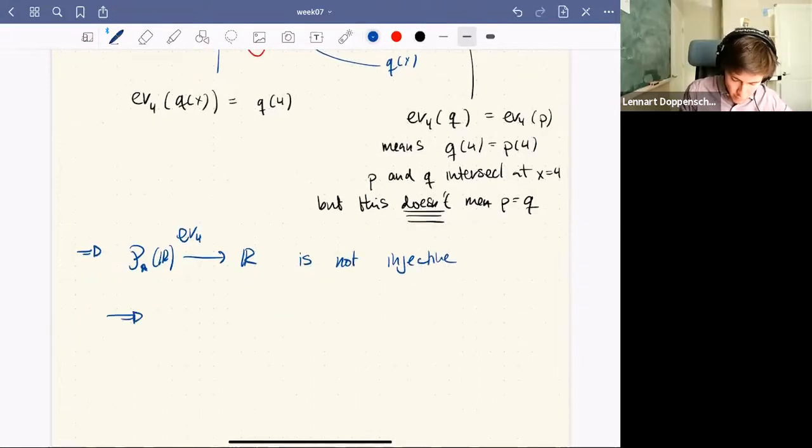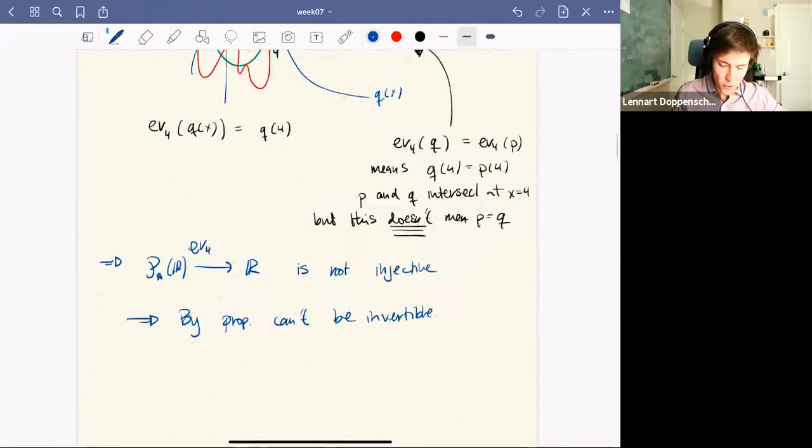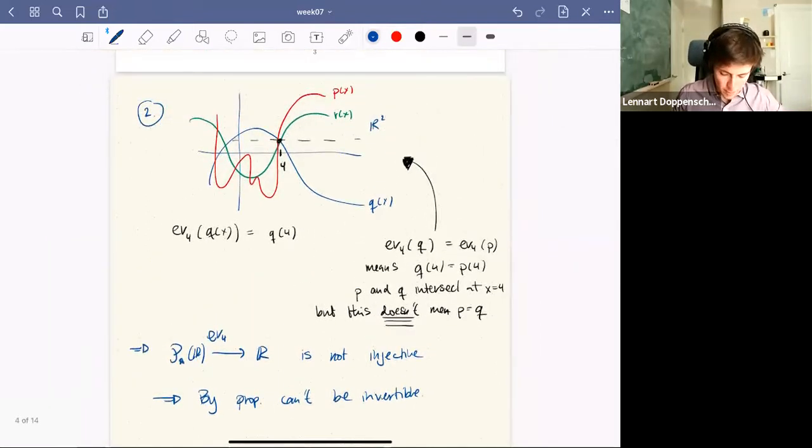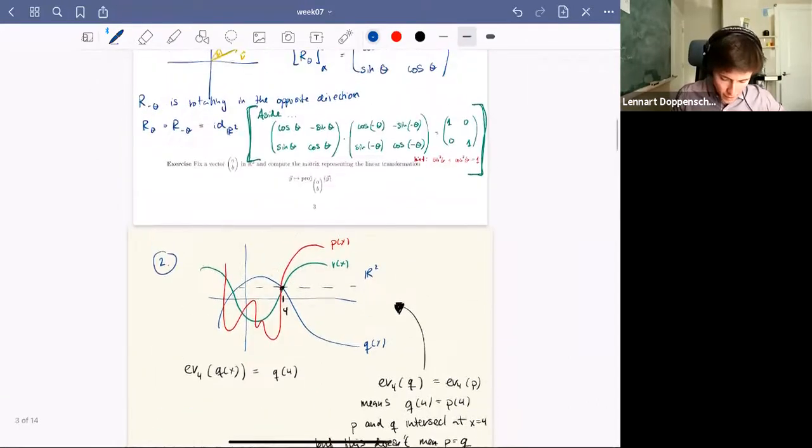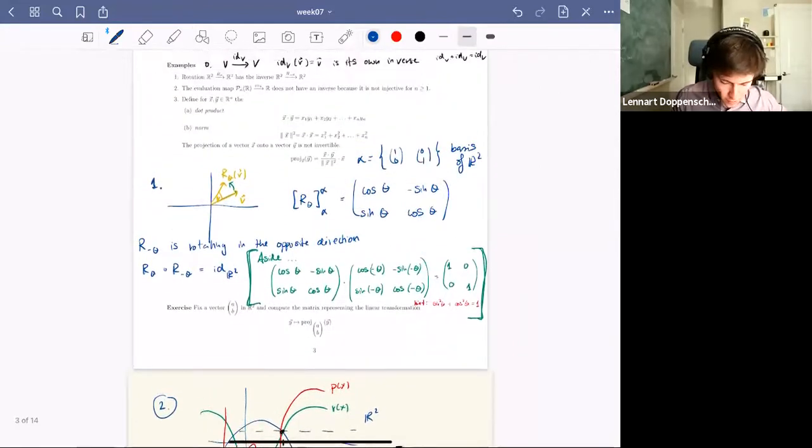And then by the proposition, it can't be invertible. So there's no way that you can actually invert this map and get back a polynomial just by knowing its value at 4. And the last one, and any questions about this example?